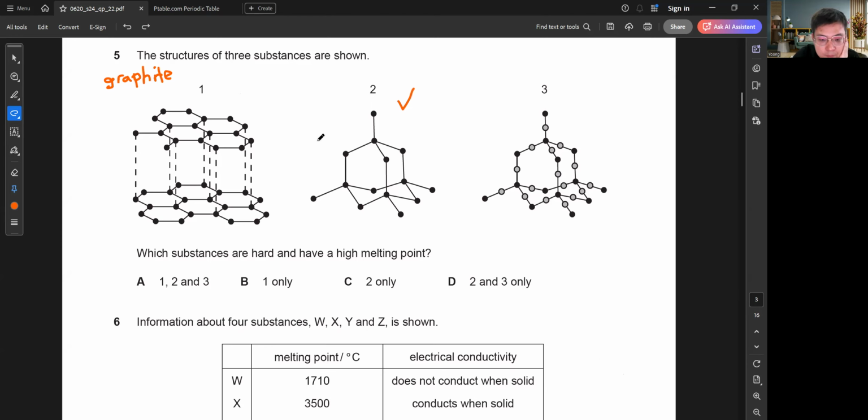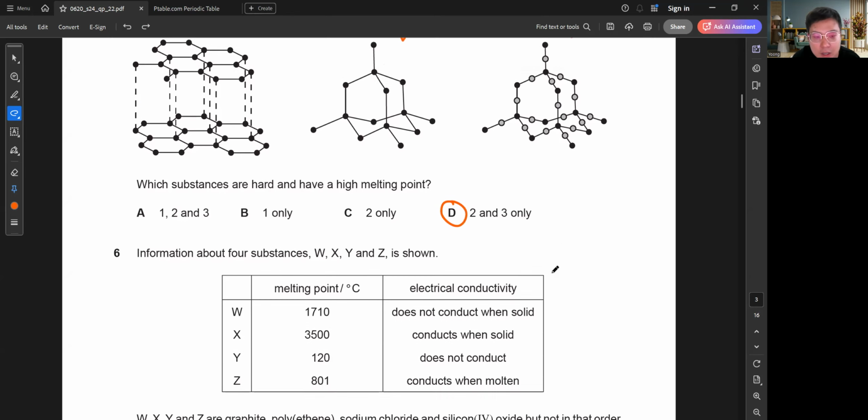So it does have a relatively high melting and boiling point, but it's not exactly hard. So we are going to cross this out from our answer. This one is also in the shape of a diamond form, so it will also be hard and also have a high melting and boiling point. So the answer should be donkey.